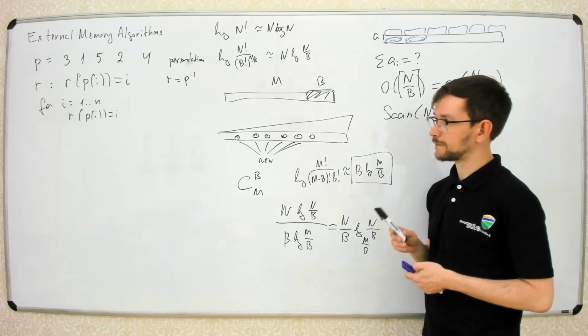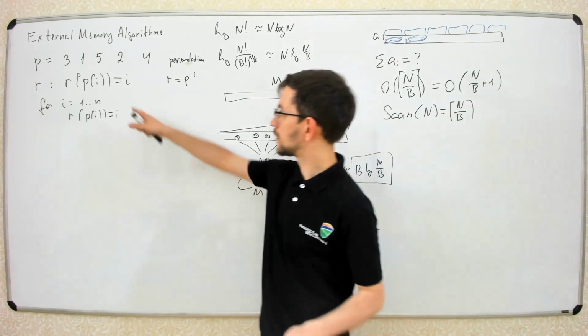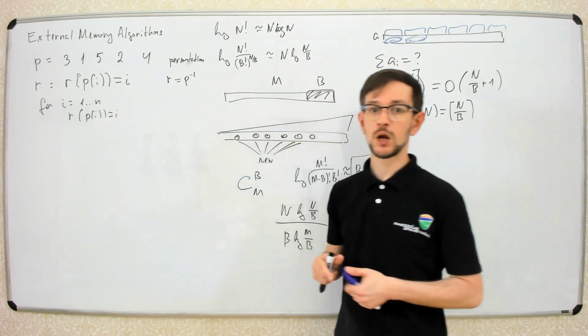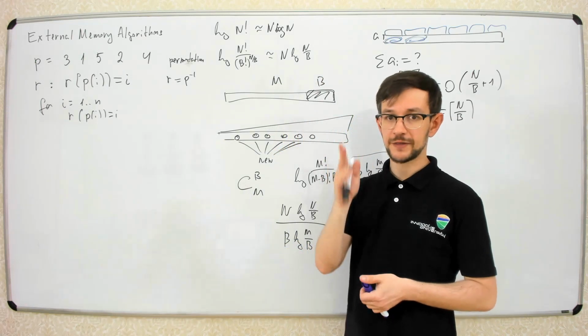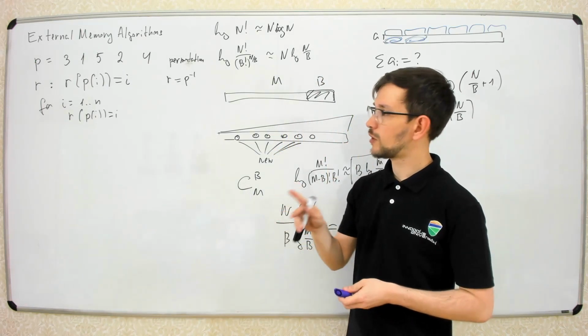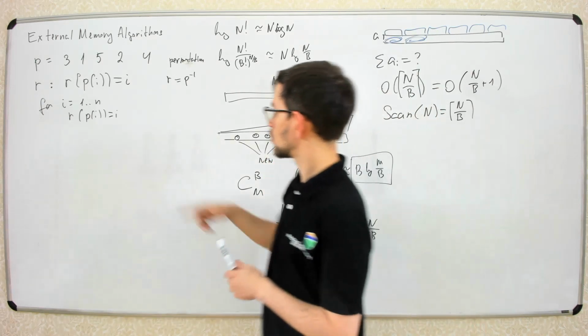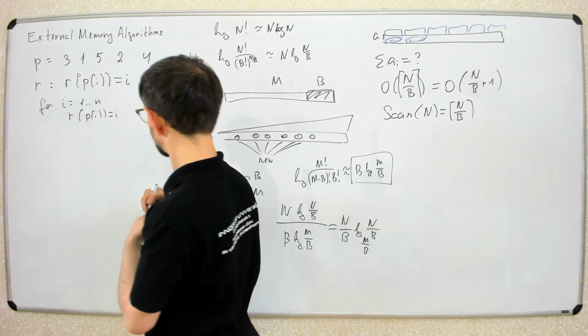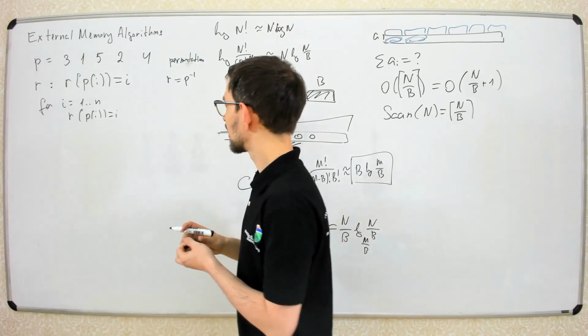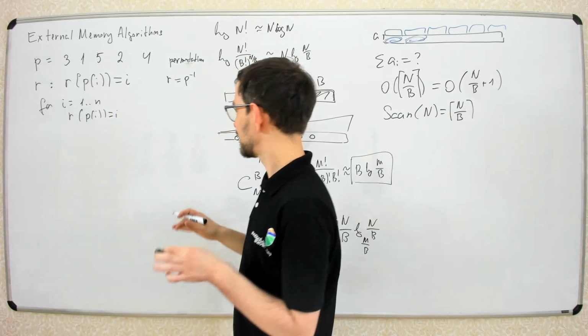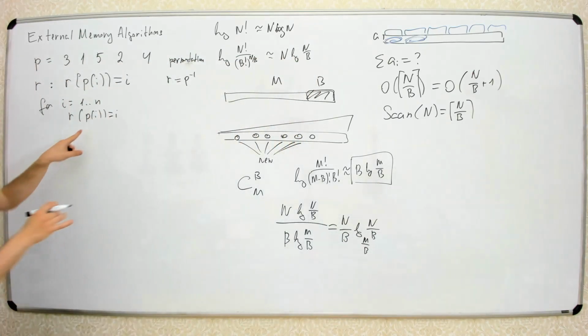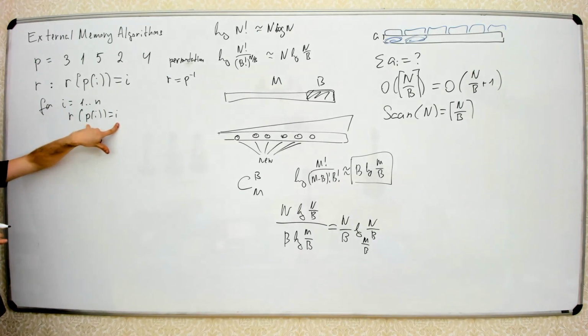So what's the plan? How will we make the reverse permutation? The easiest way to do it is like this. We will make an array of pairs. Again, what does R[P[i]] mean? I want to do these operations, right?